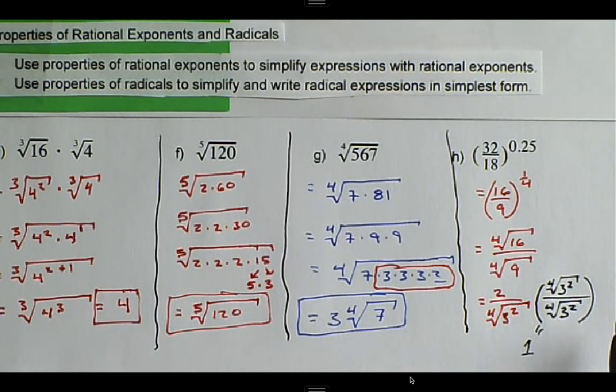And so when we go to multiply this across, we get our simplified version.